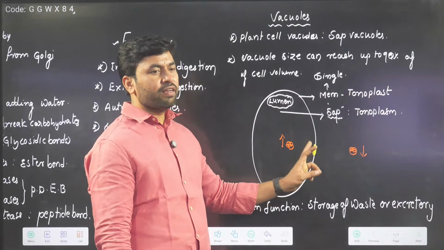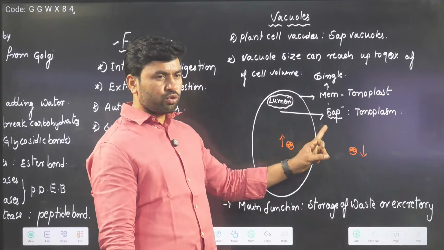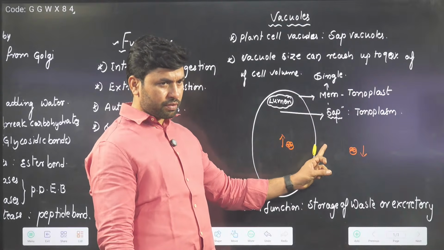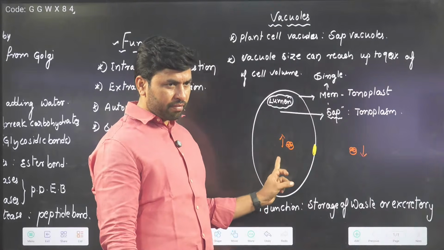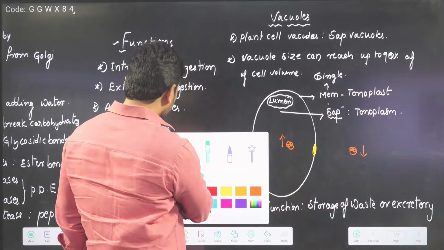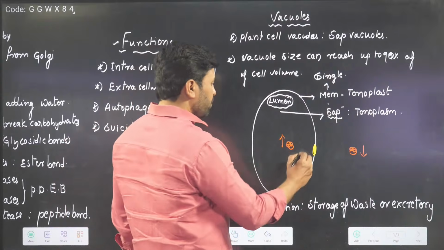Imagine, the cytoplasm should not carry any waste. Whenever waste is produced, that waste is dumped in the vacuole. As a result, the waste material concentration in the vacuole is obviously greater than in the cytoplasm.